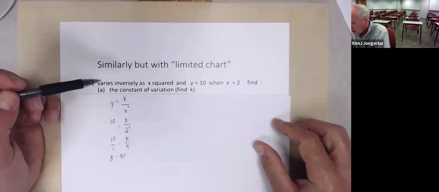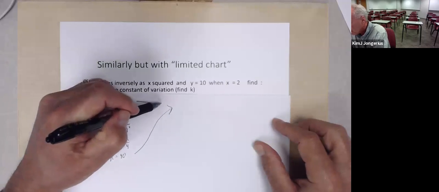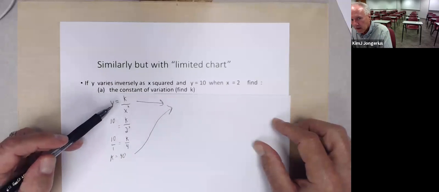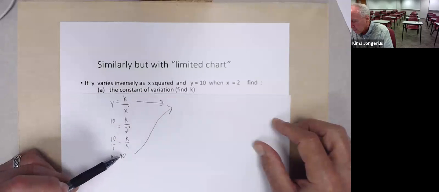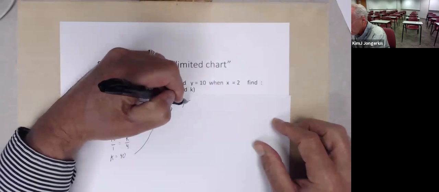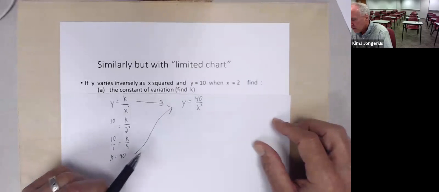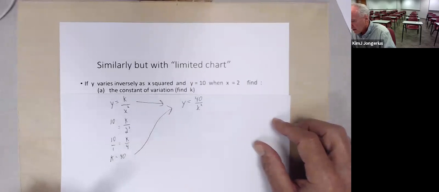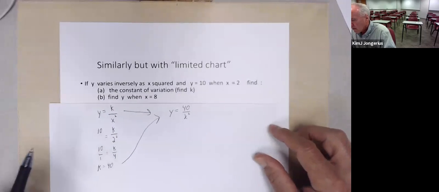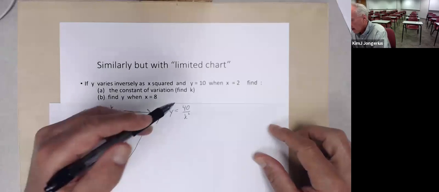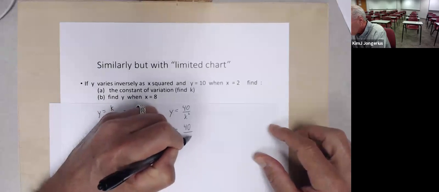That also means that I could get the equation for this particular variation by putting these two equations together. Here's the general one with k, but now I'm going to take the k out and put 40 in its place. So I have y is equal to 40 over x squared. That's the equation that's represented in this problem. Consequently now, if I want to find y when x is 8, I'm going to put 8 in there and square it.